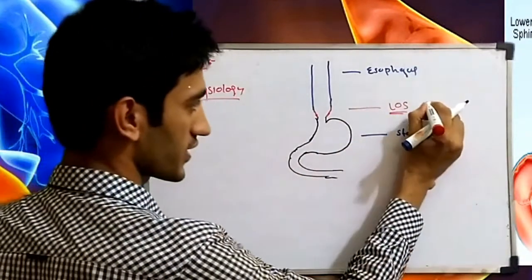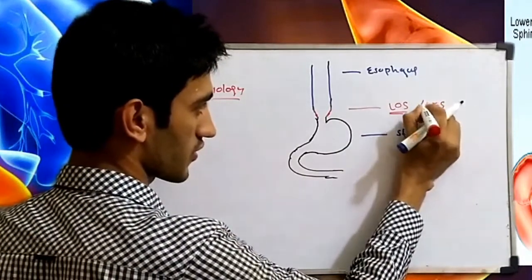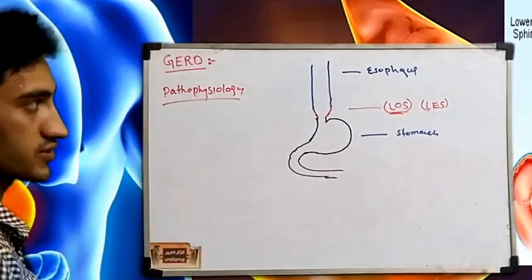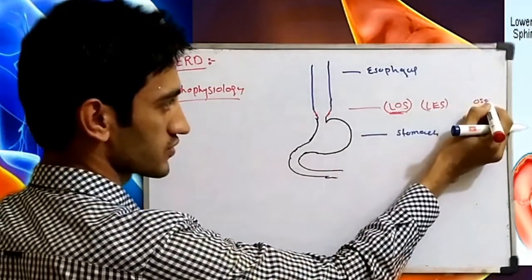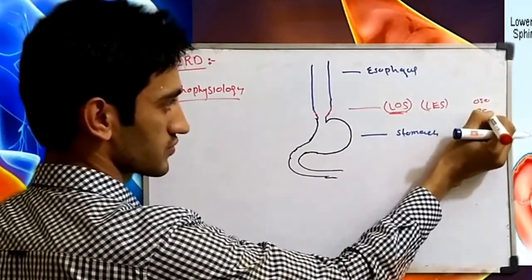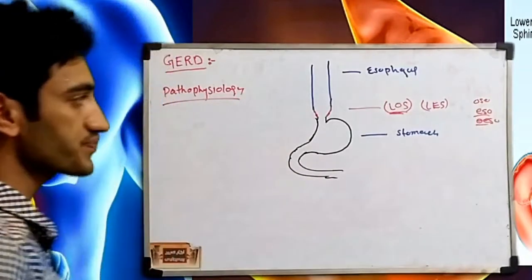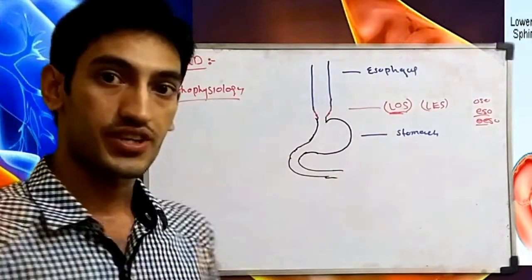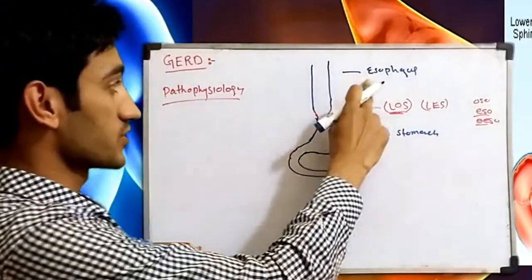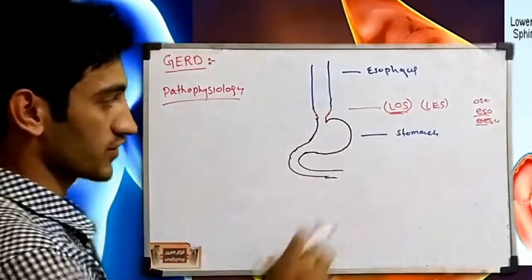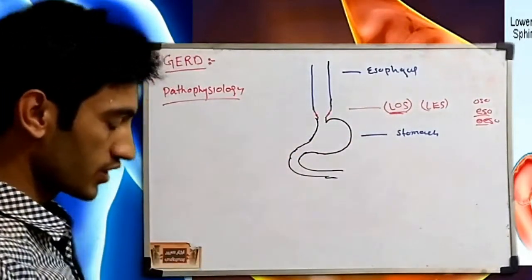Some people call it LES, or in some books it is written LOS, a different spelling. See this diagram. In this diagram, I drew the esophagus, lower esophageal sphincter, and stomach.